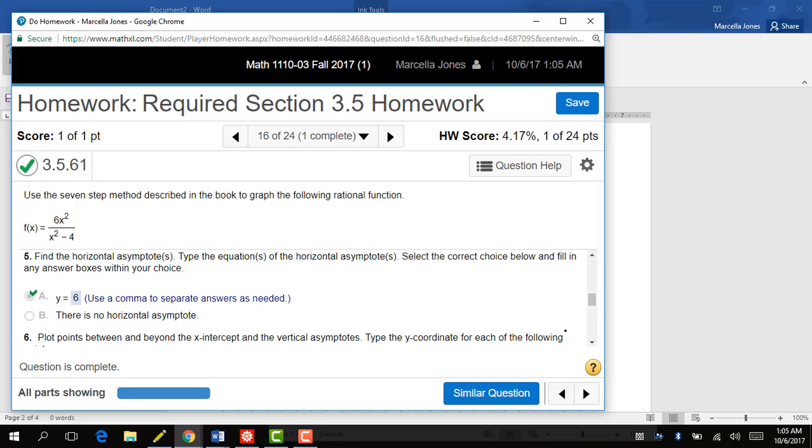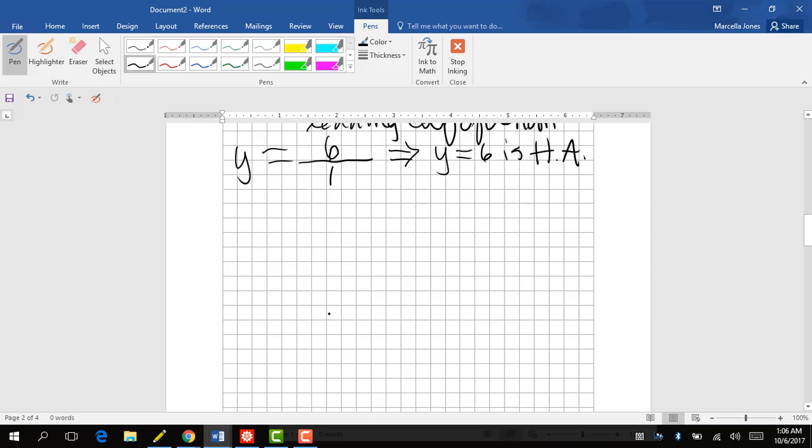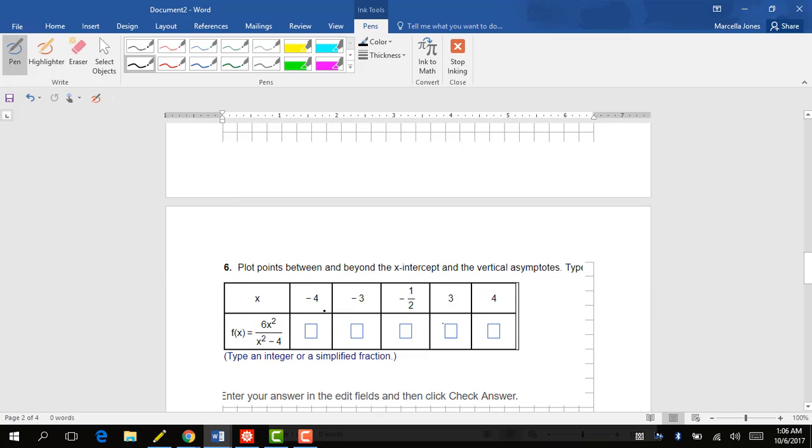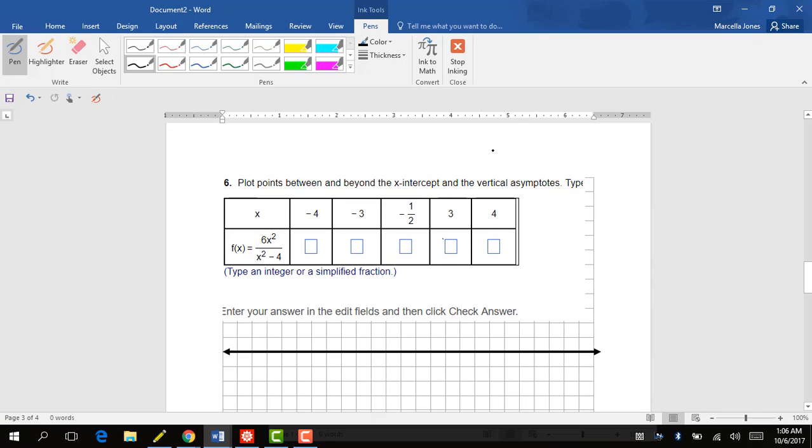Then I'm asked to plot points between and beyond the x-intercept and the vertical asymptotes, and I type the y-coordinate for each of the following. My math lab has given me a table and wants me to complete the table. That's part 6. I notice that I have the following information.